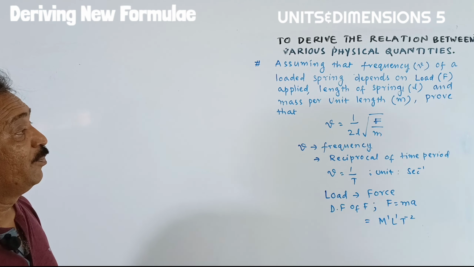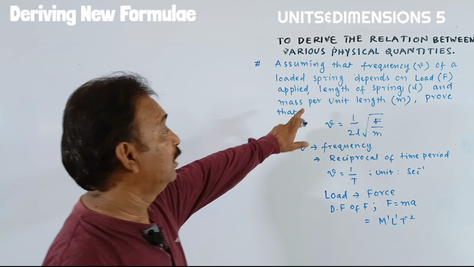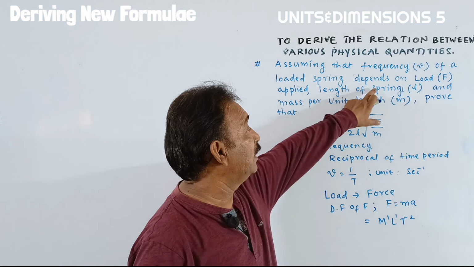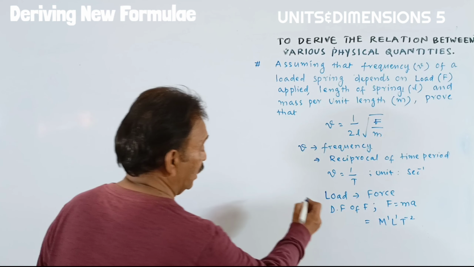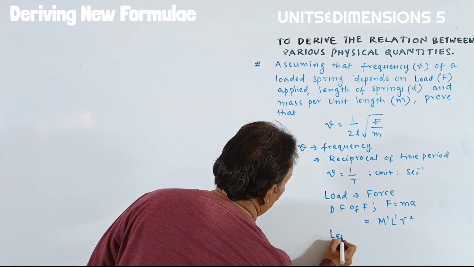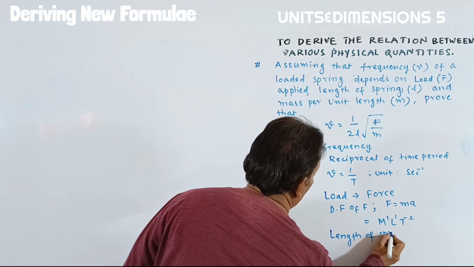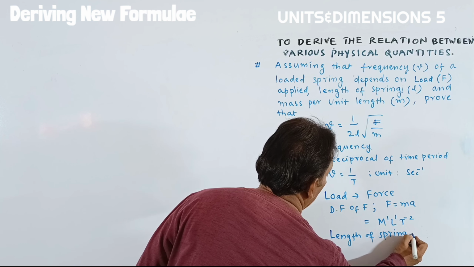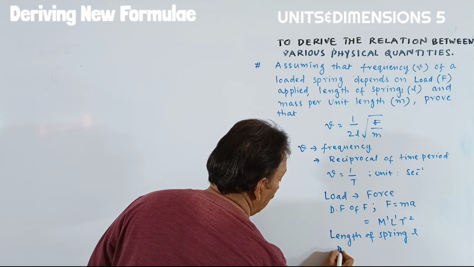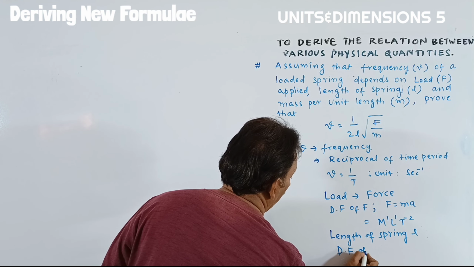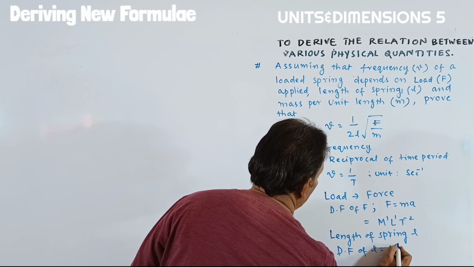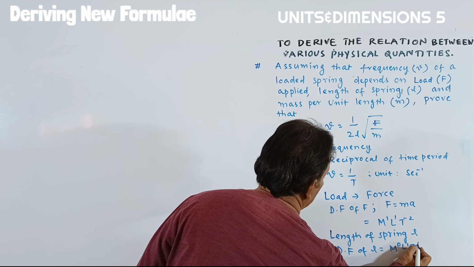Okay, students. And one more physical quantity is involved. That is the length of the spring. Length of spring is L. Okay. And the dimensional formula of length is equal to M^0 L^1 T^0.